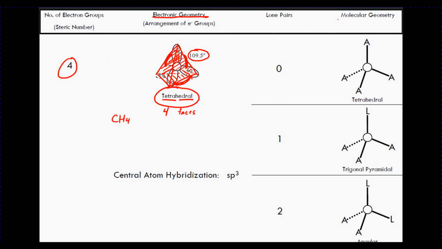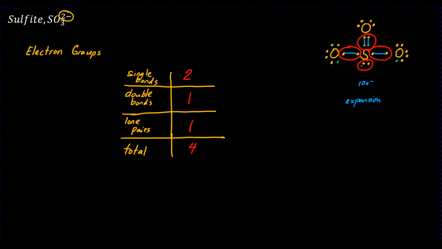Now we move on to the molecular geometry. And what will help us determine the molecular geometry? For molecular geometry, we only focus on the actual atoms, the actual separation of atoms in space. This one is the central atom. For our structure, we have one lone pair.